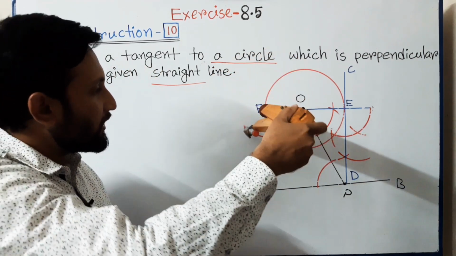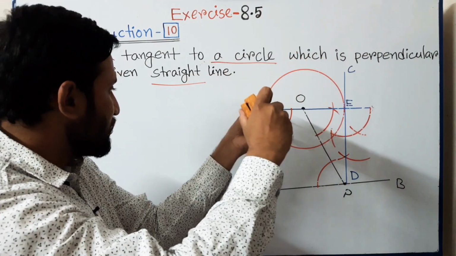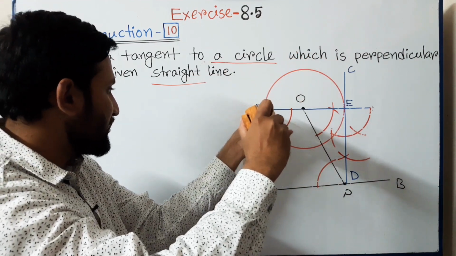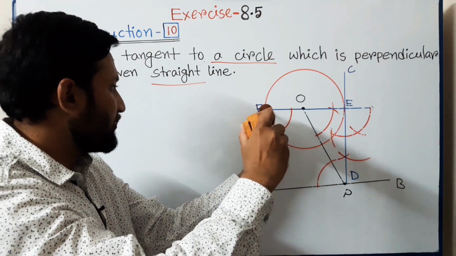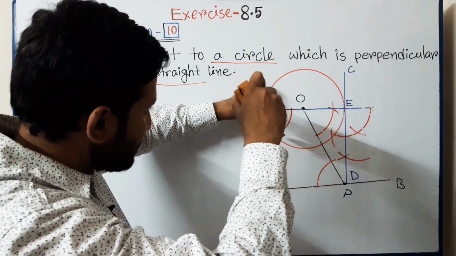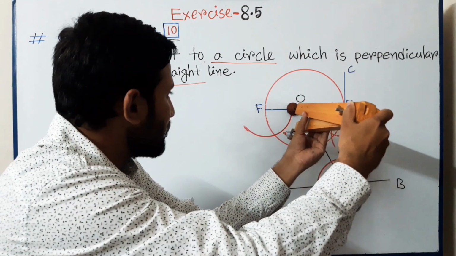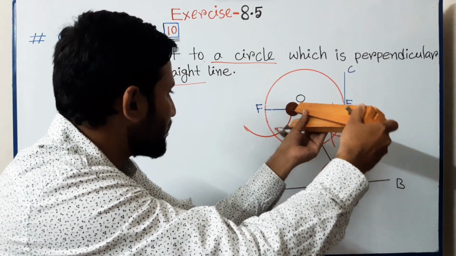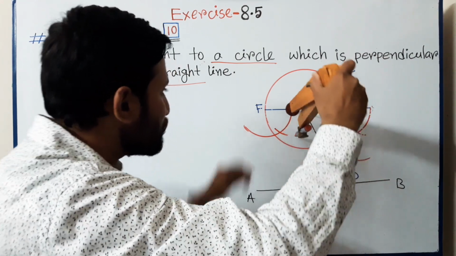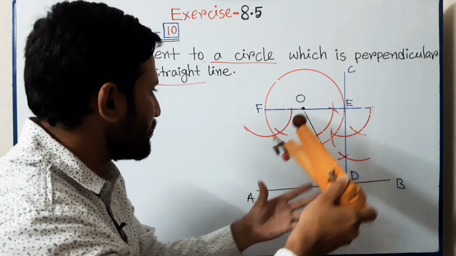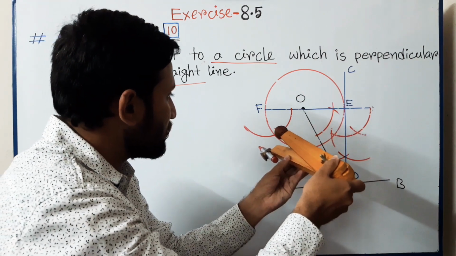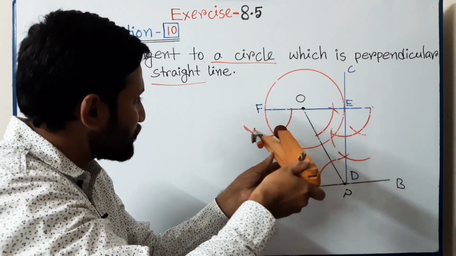Now with the equal radius of this arc, part this arc in two portions, first portion and also second portion.